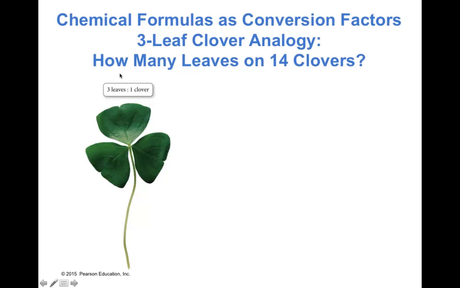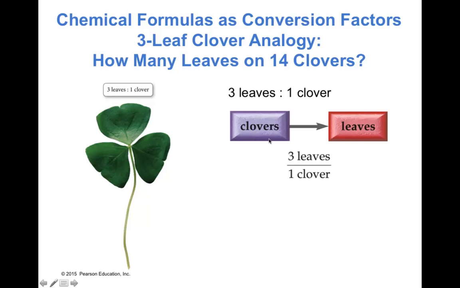Each clover has 3 leaves, so we need to go from number of clovers to number of leaves. We have the conversion factor that we can find by just looking at the clover. So we use 14 clovers divided by 1 clover multiplied by 3 leaves. This is a conversion factor from here. And now we have 42 leaves from 14 clovers.